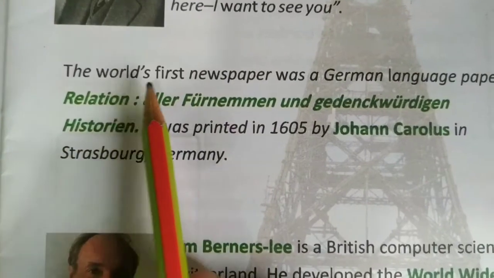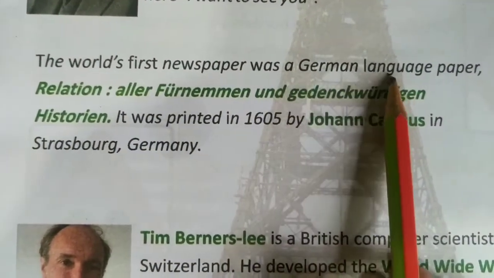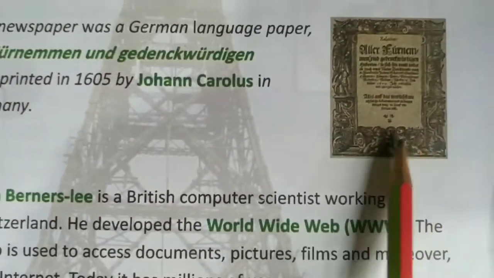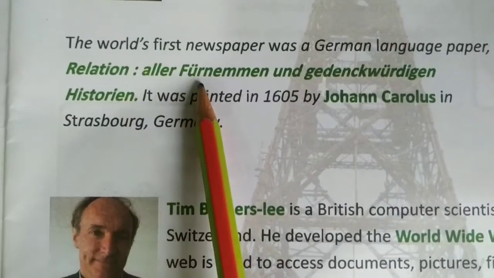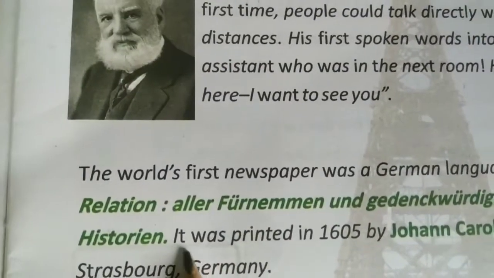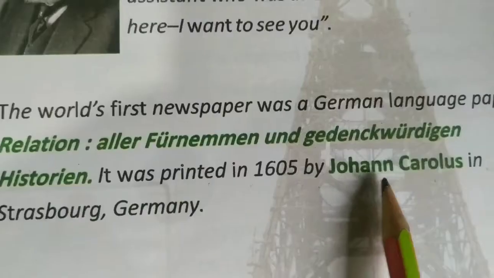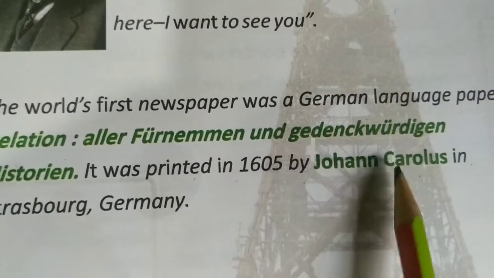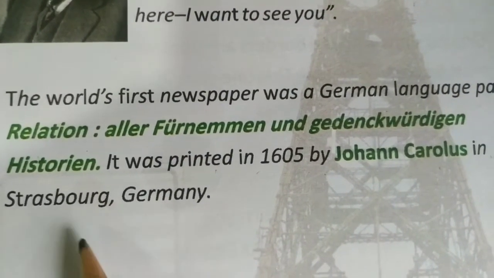The world's first newspaper was a German language paper. Look at the paper, it is written in German language. It was printed in 1605 by Johann Carolus in Strasbourg. That Strasbourg is where?